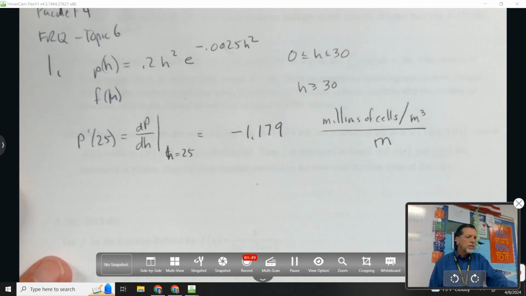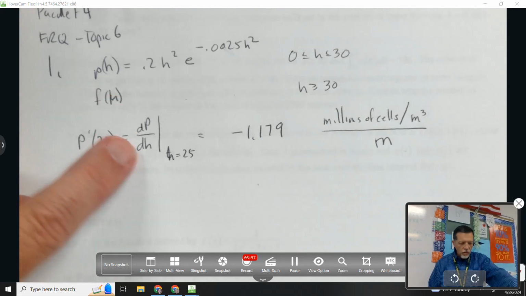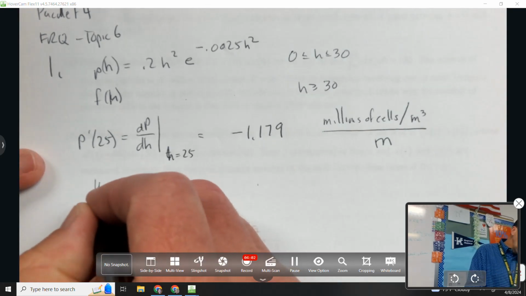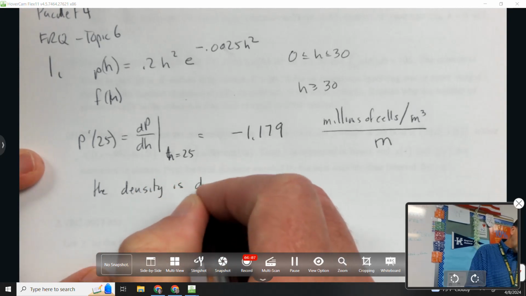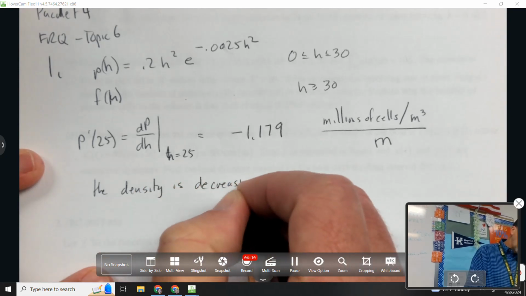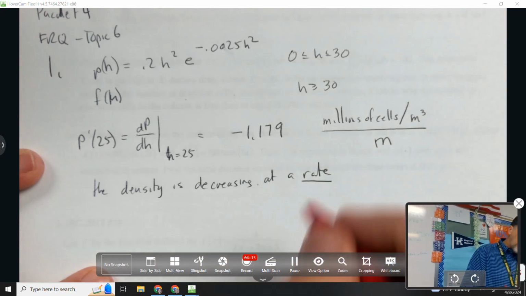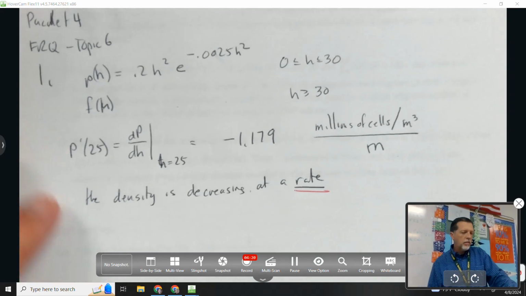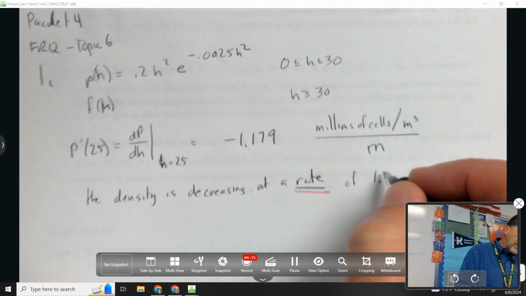Okay, but it also said interpret the meaning of that. Well, dp dh is the change in the density over the change in depth. So let's say the density is decreasing since it's negative, at a rate. Anytime they ask for a description of a derivative, they want the word rate. Decreasing at a rate of, and since I said decreasing, I don't need to put the negative on there.